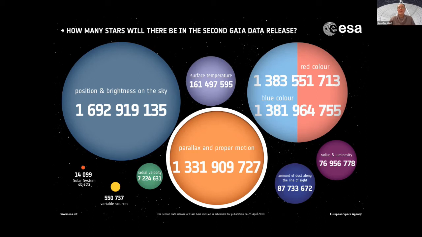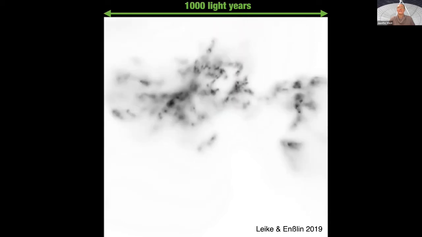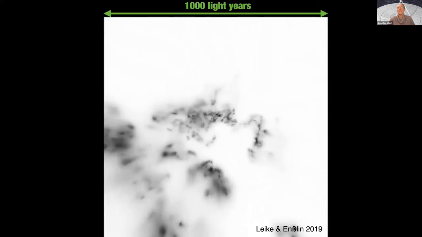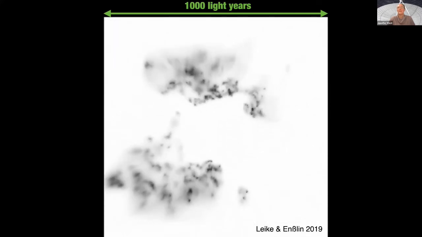And we can also see how the color of that star appears. From that information, we can map the dust clouds that are between us and that star. That lets us make a map that looks sort of like this. This is a 3-dimensional reconstruction of dust clouds in our galaxy that are pretty close to us.